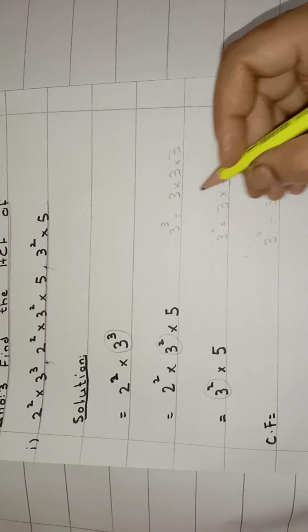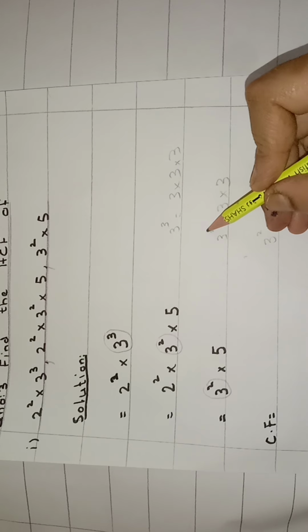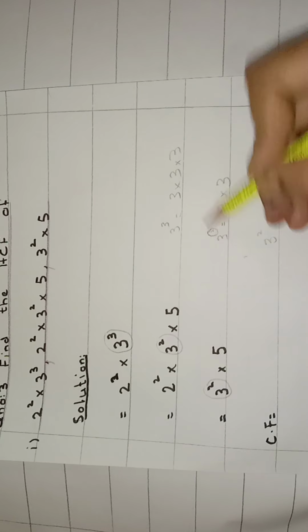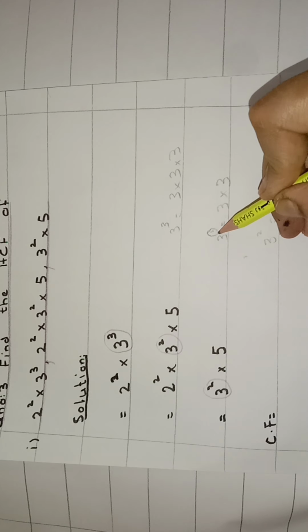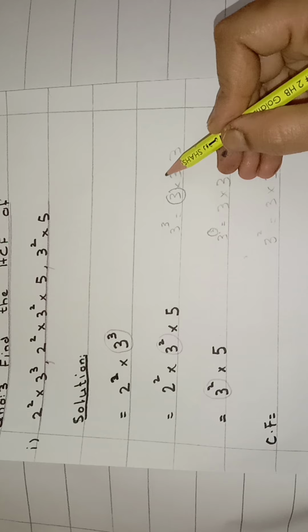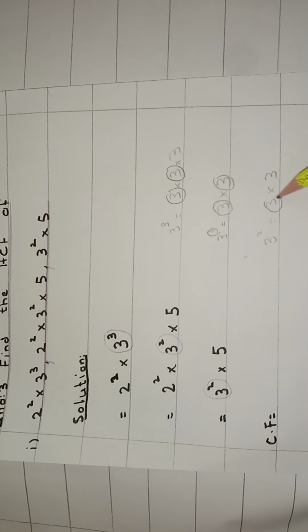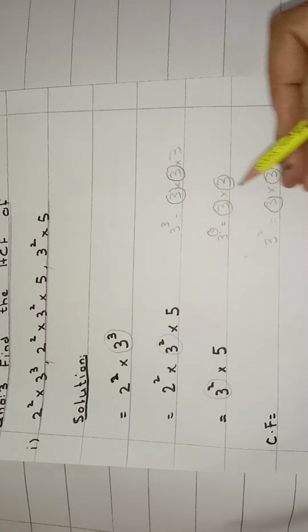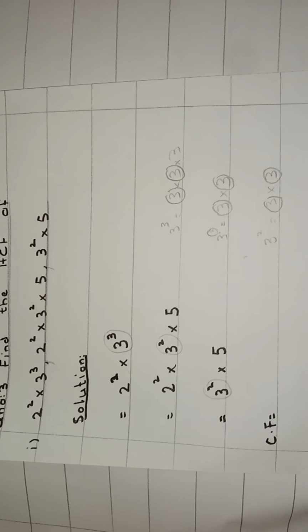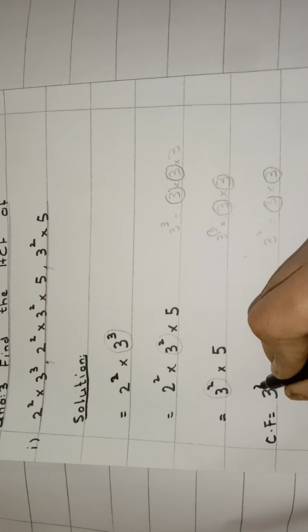So when we find the common factor, we will circle the smallest power, because we have three threes in one term, but only two are common in all three terms. That's why the common factor will be 3 power 2.